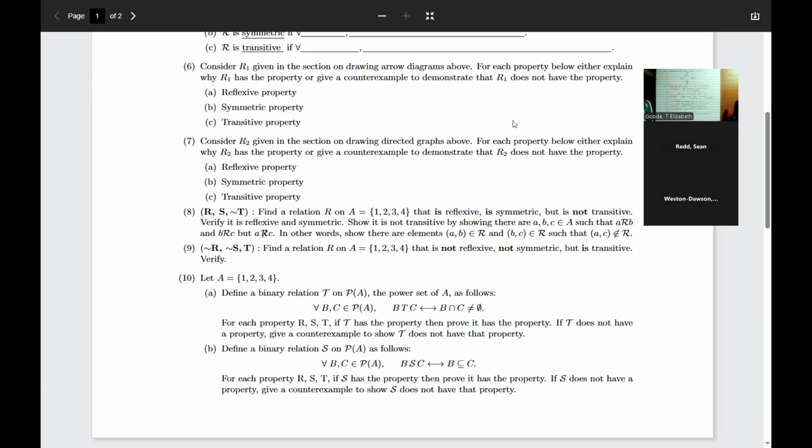In fact, if you look at last night's video, there's a suggestion that you try to build each of the 8 possible different kinds of binary relations on A. There are 8 different ways we can mix and match reflexive, symmetric, transitive, or not reflexive, not symmetric, not transitive. And it's good practice to try finding one of each.